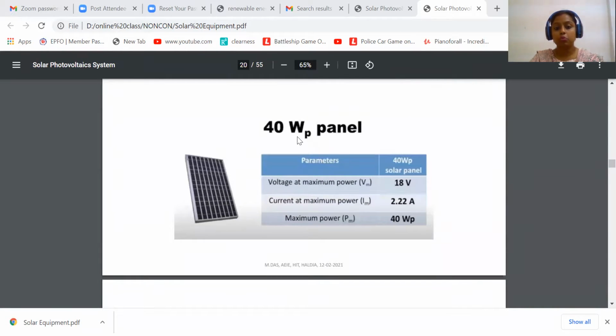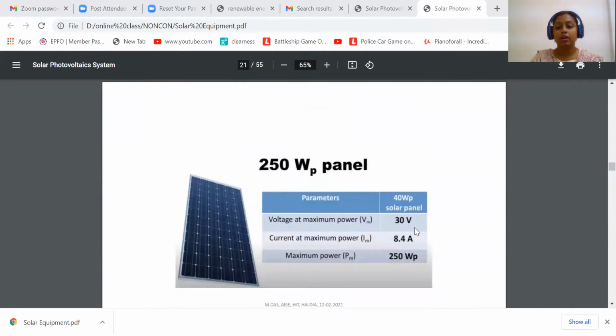For a 40 watt peak panel, the classifications are: maximum voltage 18 volts, maximum current 2.22 amps, and the maximum power we get at full sun is 40 watt peak.